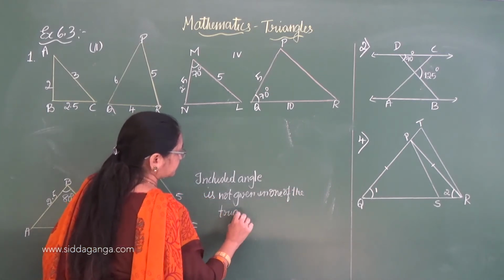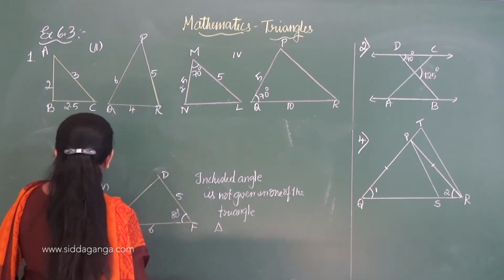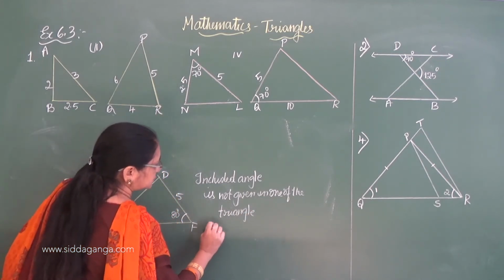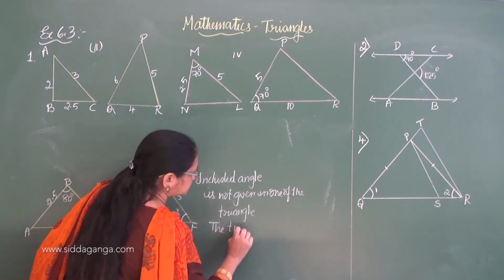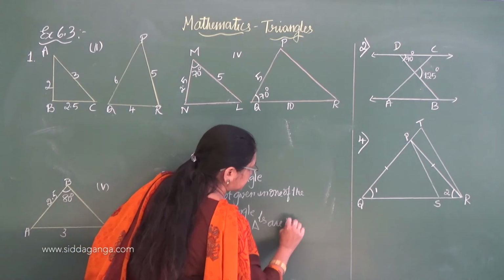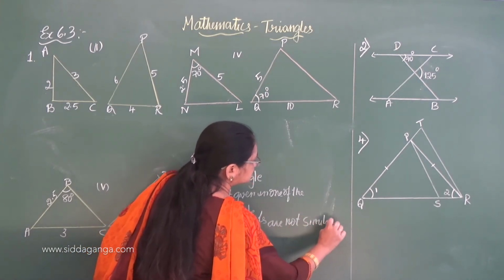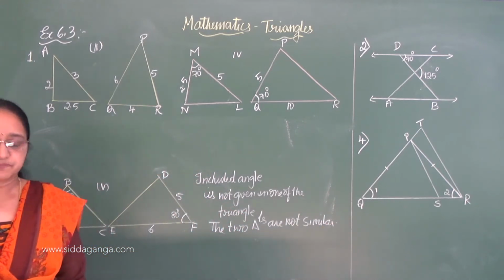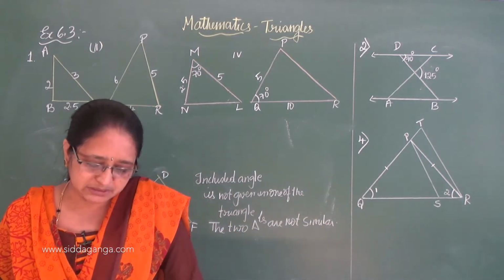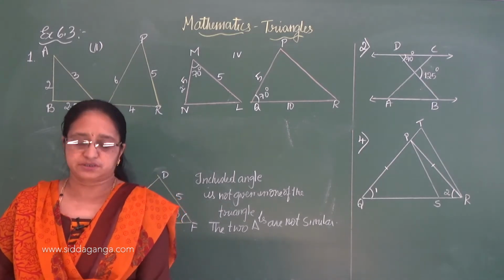So definitely the two triangles are not similar. So you have to come to the conclusion that they are not similar. I hope you understood. So like that you please work out all the other three problems.